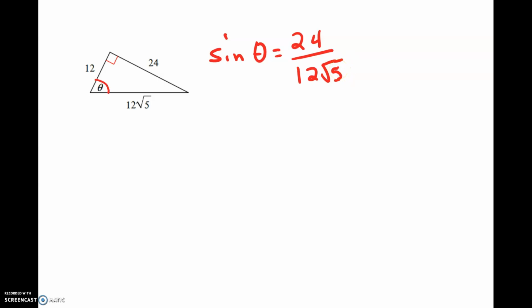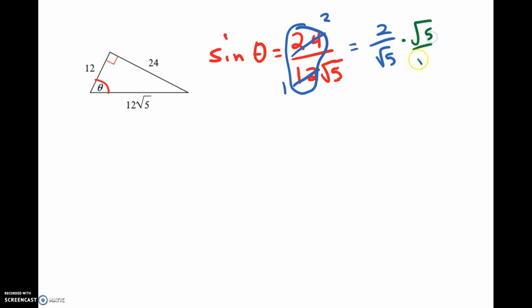There's a couple things that we need to do here. We need to simplify the 24 and the 12, but also the square root of 5. The 24 divided by 12, of course, that's 2. So now we have 2 over the square root of 5. But since we can't have a radical in the denominator, we need to rationalize the denominator.